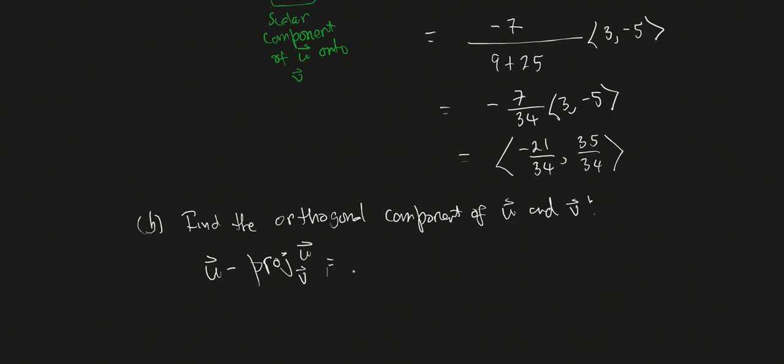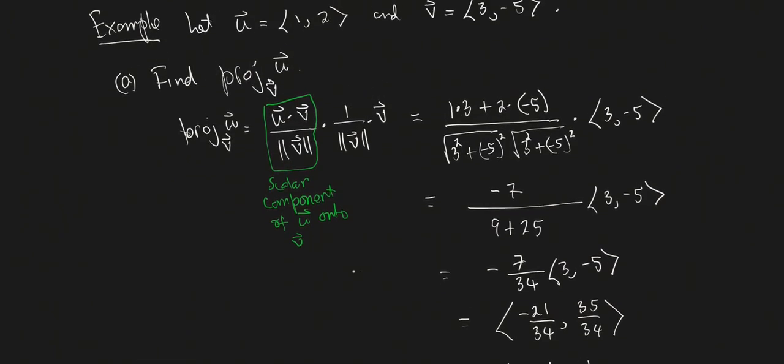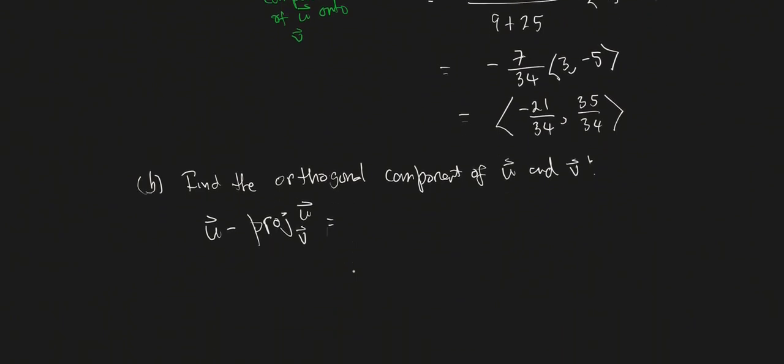Well, what is u? U is the vector 1, 2. So we're going to do our vector arithmetic and get this other vector. So 1, 2 minus what we just found here, which is the -21 over 34, and then 35 over 34.